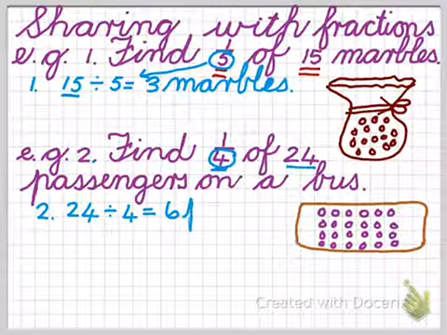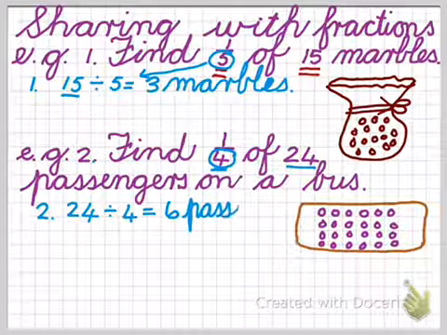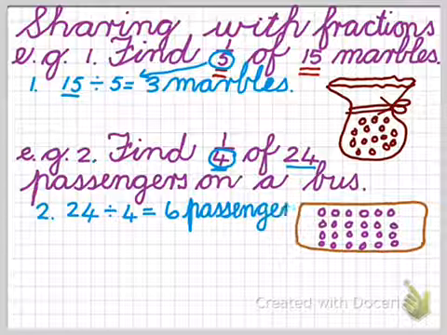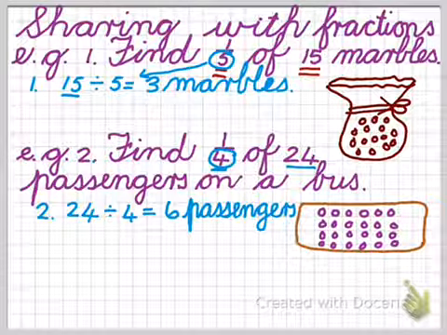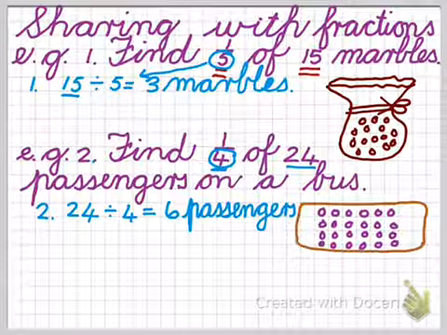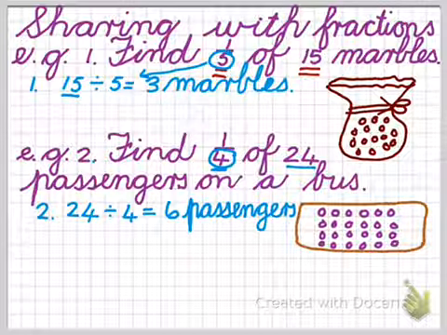So let's just write passengers. So then we know that it's 6 passengers we're talking about. And then we have answered our question, which was to find 1/4 of 24 passengers on a bus. So we shared the passengers into 4 pieces and we got 6.